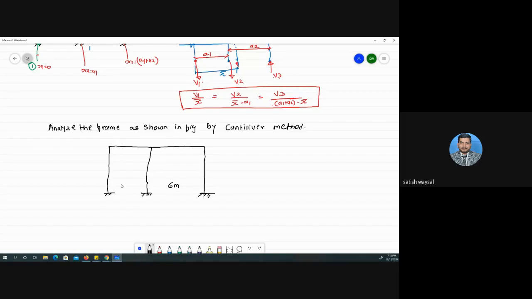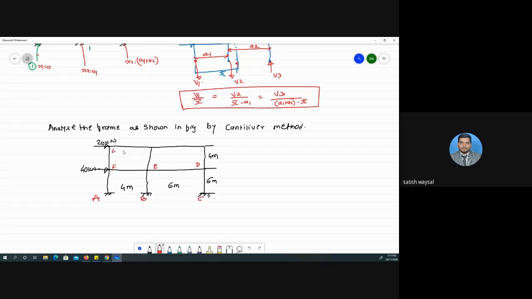This distance is 6 meter, this distance is 4 meter. One load acting over here is, suppose, 40 kilonewton. Another load is 20 kilonewton. Then the height of this column is, suppose, 6 meter, first height, and the remaining height is, suppose, 4 meter. And the notations are given A, B, C, D, E, F.